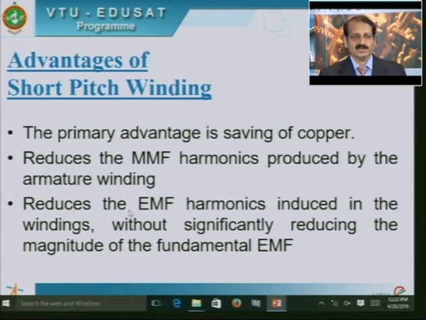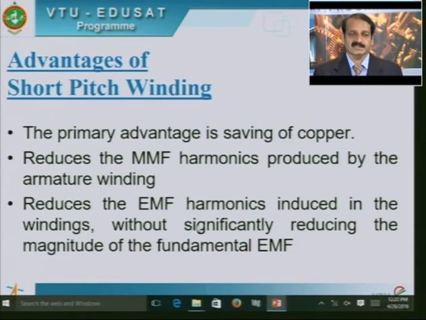It is also responsible for the reduction of EMF harmonics induced in the windings without significantly reducing the magnitude of the fundamental EMF. We know that the magnitude of the fundamental EMF gets reduced by a factor of Kp in case the coils are short pitched, and if this is to be compensated, we require additional turns to be added to the coils.